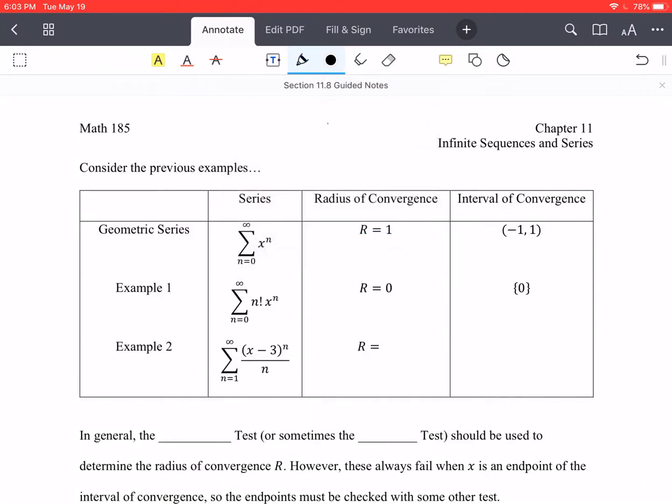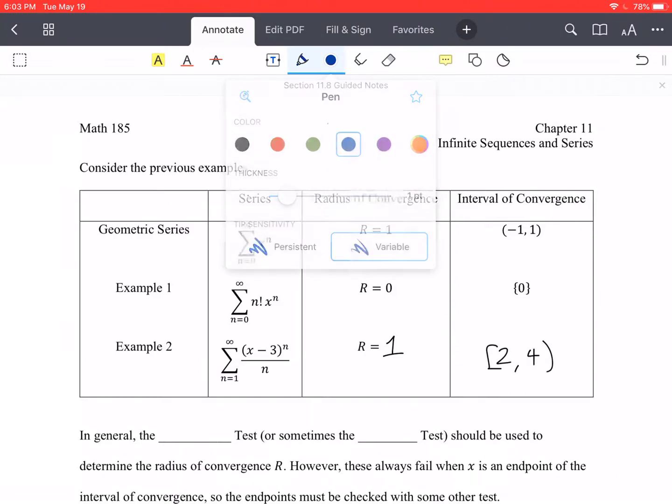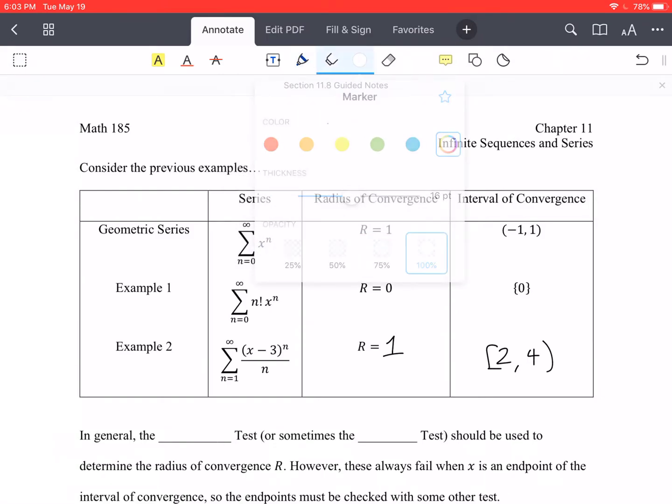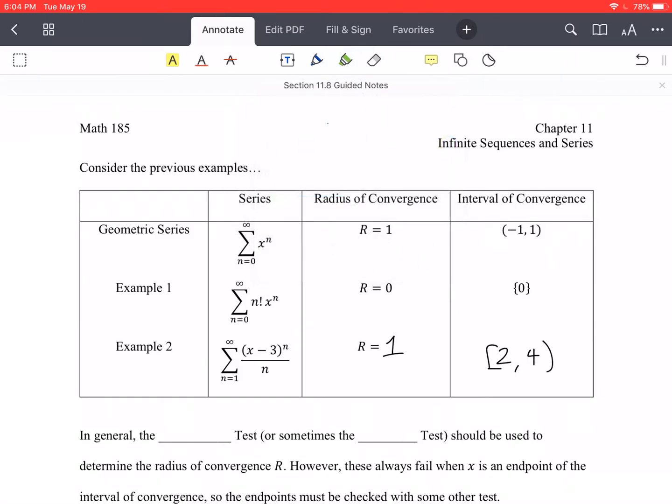Okay. So for the first one, notice we have the geometric series. So we saw this in the very beginning, when we were talking about what the power series is. This has a radius of convergence of 1. And the interval of convergence is negative 1 to 1, right?